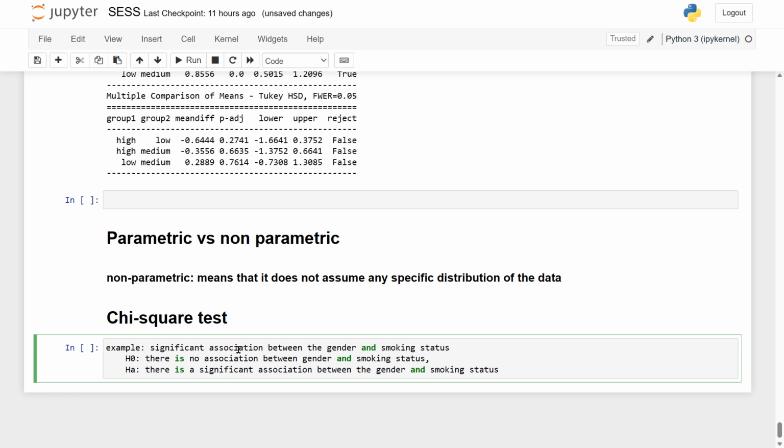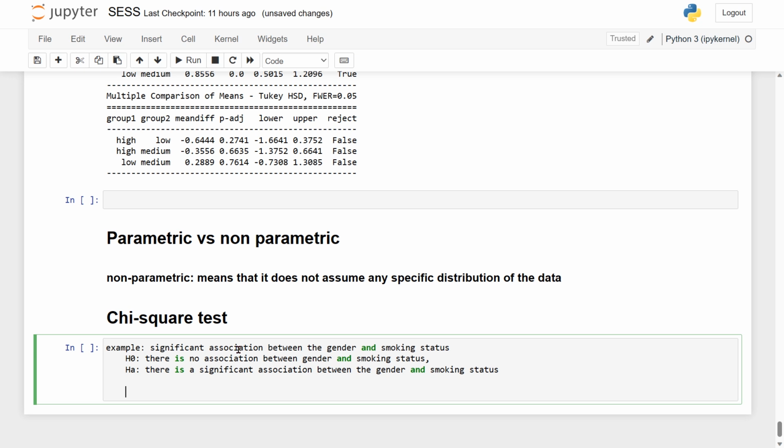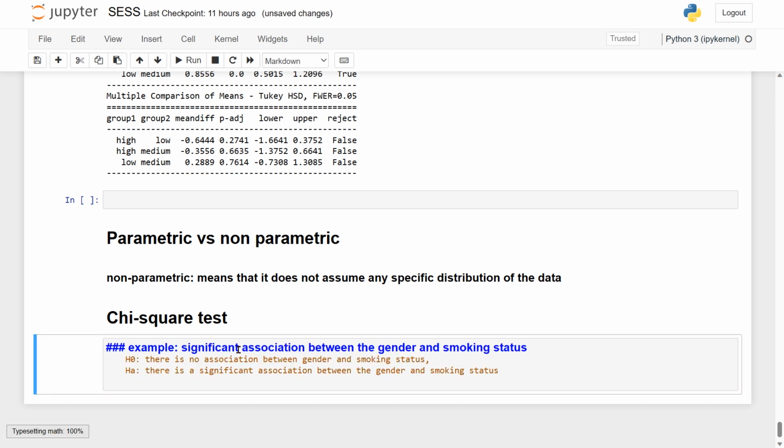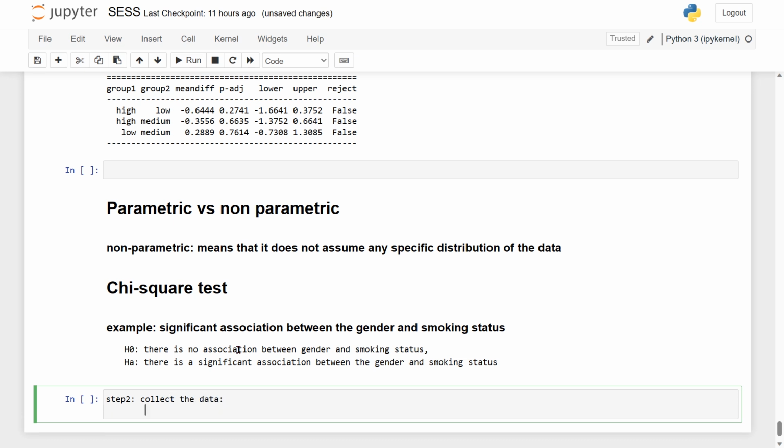So the data would be collected. Next step, the data would be collected in the form of a contingency table with the rows representing the gender. Step 2, collect the data. Now how do we need to collect the data?